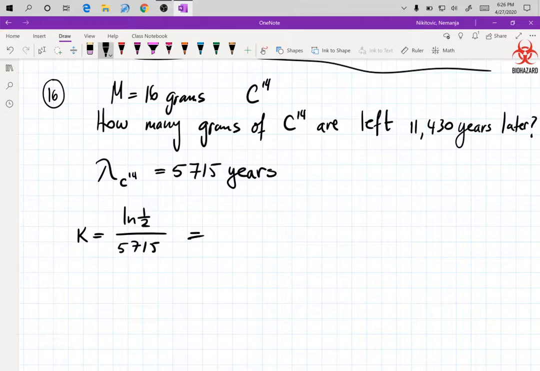So let's see, ln 1/2 divided by 5715 gives us 0.0001219. If you are keeping 4 significant digits, you do not count these zeros. They are not significant. These are significant. You could have 10 zeros in here; none of them count.